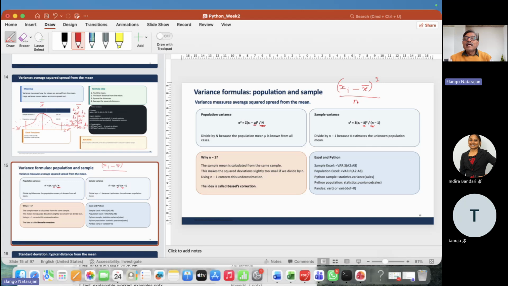When you use this formula, there could be a chance of underestimation. To correct this, when we are handling sample data, we use n minus 1. So this is the actual formula for finding sample variance, n minus 1.